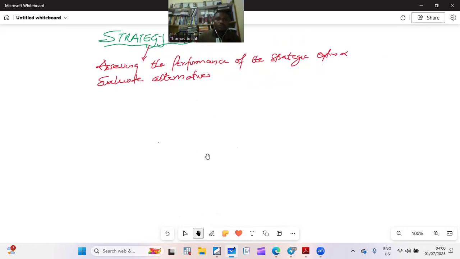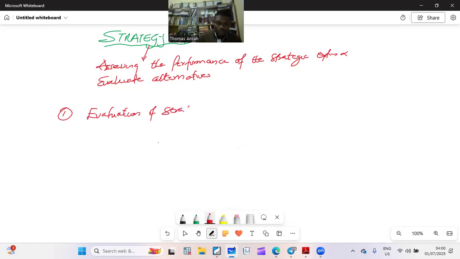All right. So that is what we are going to do. This part has five things we will do, but the main one is the first one that we will be looking at. So number one, we'll be looking at evaluation of strategies. What do we do here?